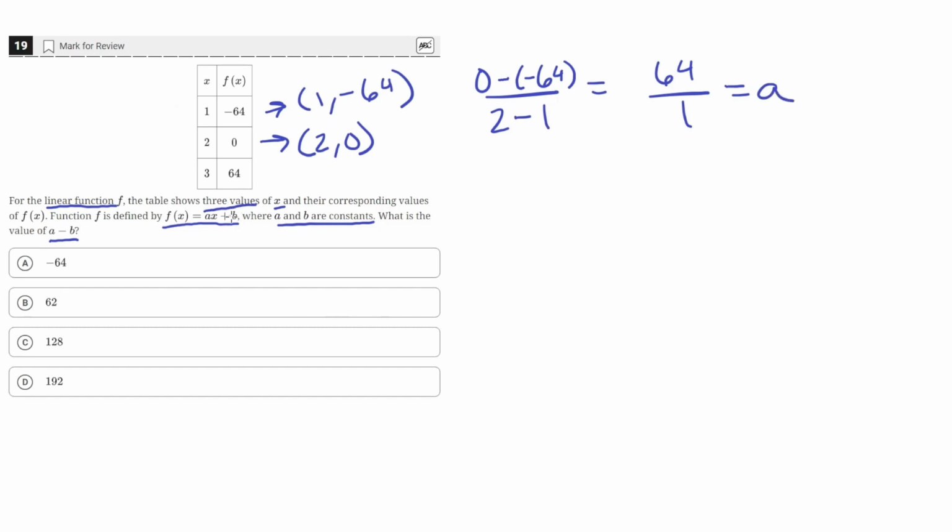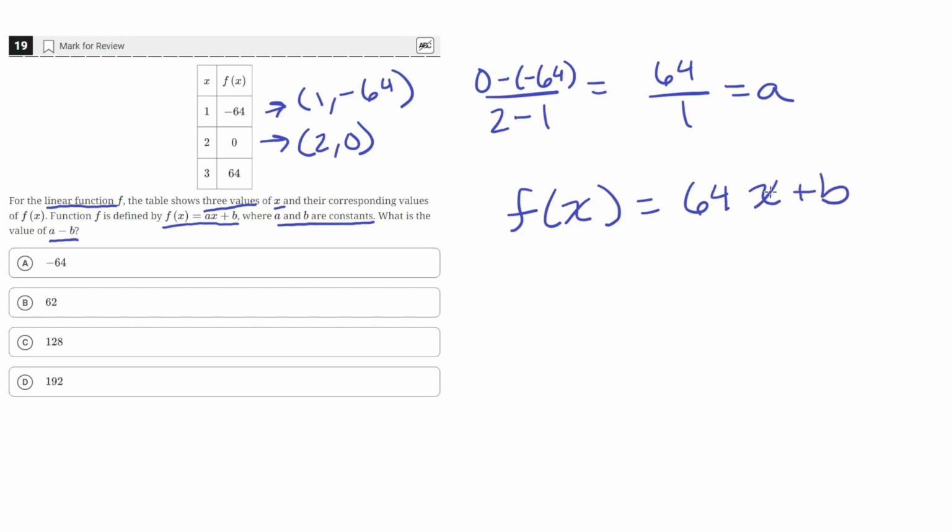Then to find the value of b, we can just plug in this value of a, and then plug in values of a point from this table. So our function f of x equals a, which is 64, times x plus b.